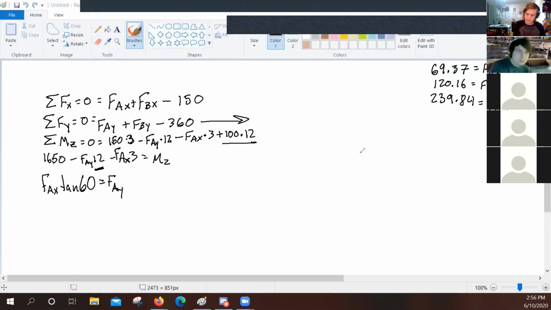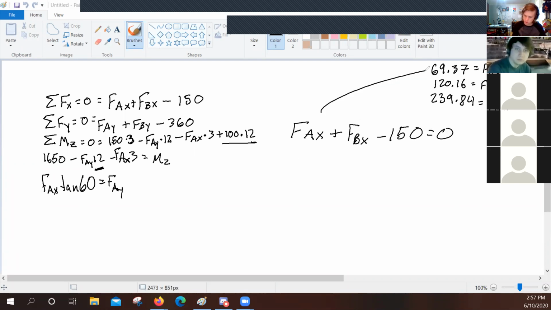So we're basically going to do the exact same thing that we did with this equation, but with the other equation, which is the x equation. So we have, well, I'll write it all out again. FA of x plus FB of x minus 150 equals 0. So then we can plug in our FA of x, which is 69.37, plus FB of x, minus 150 equals 0.